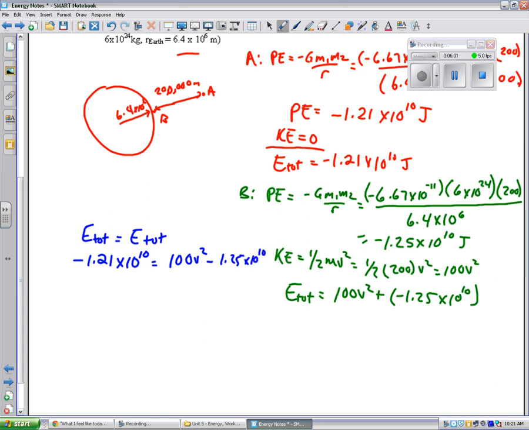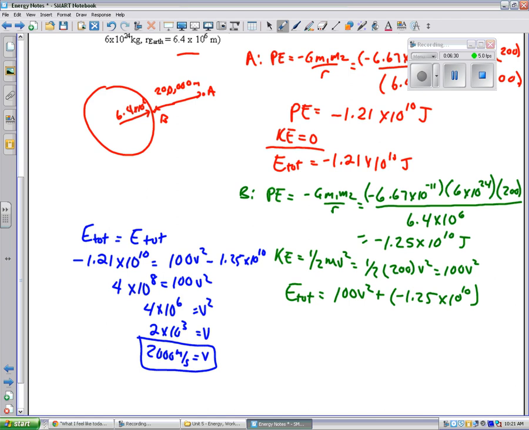So I'm going to add the 1.25 times 10 to the 10th to both sides, and I'm going to get 4 times 10 to the 8th is 100 v squared. V squared equals 4 times 10 to the 6th. It's going to give me V is 2 times 10 to the 3rd, or 2,000 meters per second. So when that thing falls from orbit, it's going to hit the Earth with a speed of 2,000 meters per second.